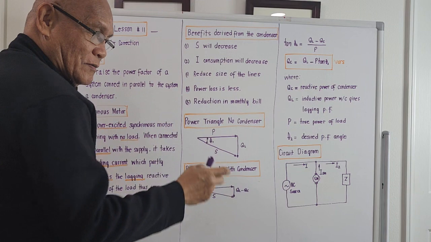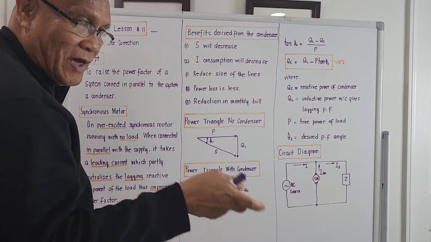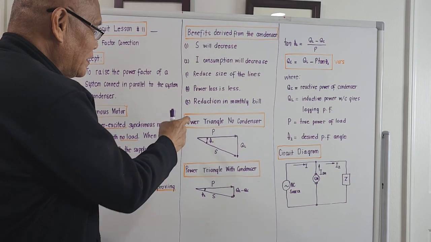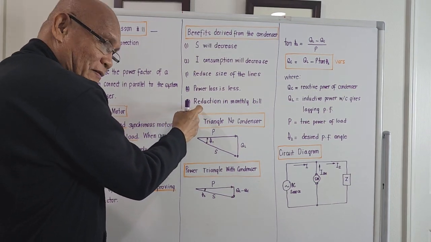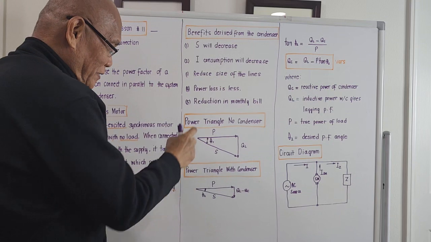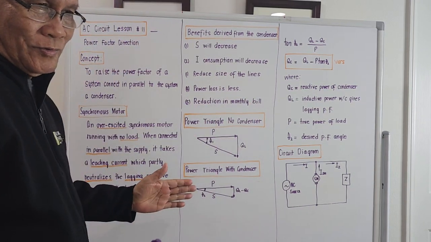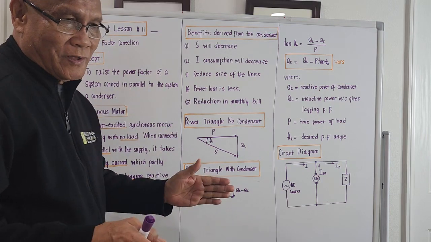Number four, power loss on the line will be less also. And number five, this is the most important thing, it is the so-called reduction in monthly bill. So actually, power factor is very important to us.